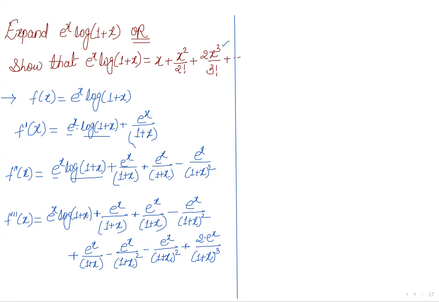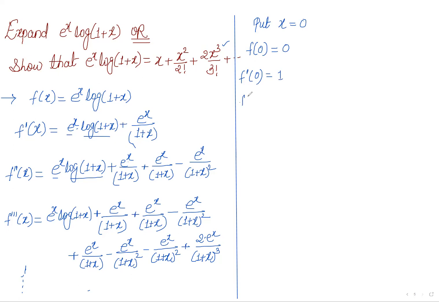After this I will not take any more derivatives, because we have shown up to the third derivative. And so on. Now put x is equal to 0. So f of 0 is equal to e raised to 0 into log of 1, which is 0. Next, the first derivative at 0: the first term gives 0 and in the second term we get 1 upon 1, which is 1.